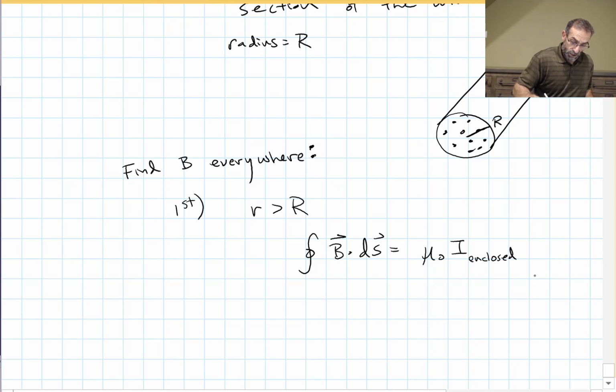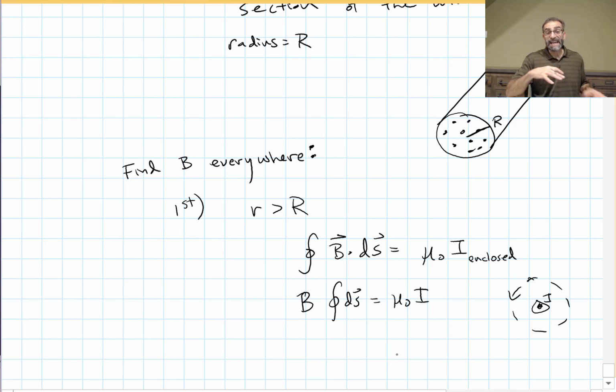We are going around, I'm just going to draw it as a small dot there. We're going around a path here. B is going to be constant. The entire current inside the wire is enclosed by our path, right? The entire current.